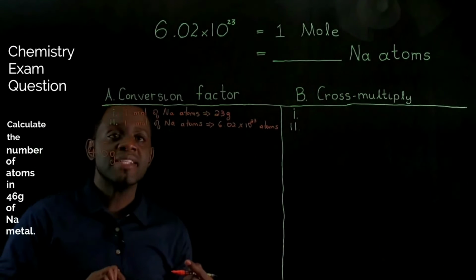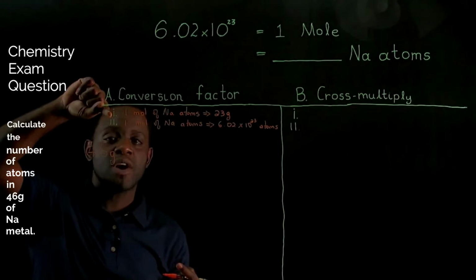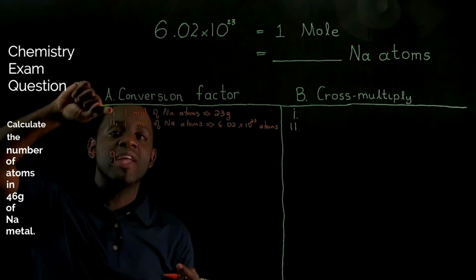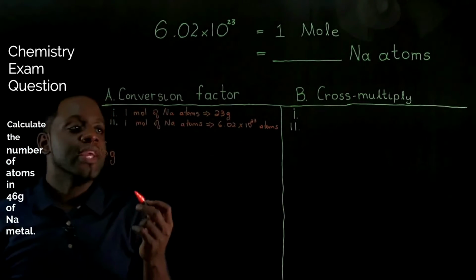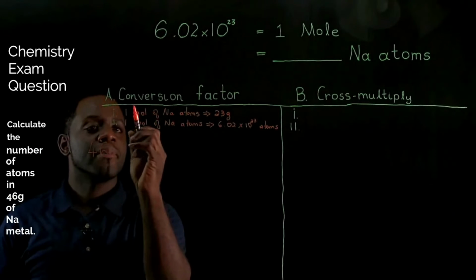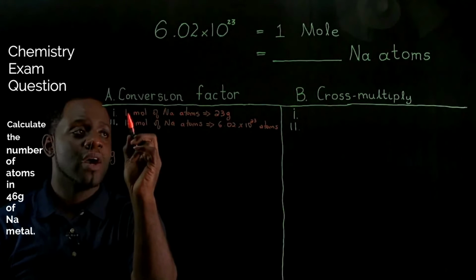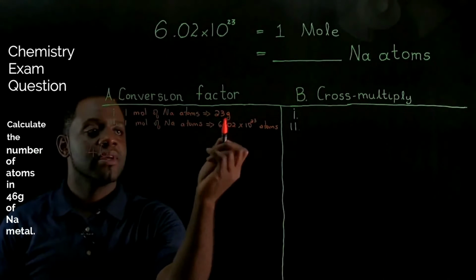But let's write this statement in terms of fraction to first convert grams to moles, and then we'll deal with the other statement later. We can write any of these two numbers as the numerator at the top of the fraction, either the 1 mole or the 23 grams.